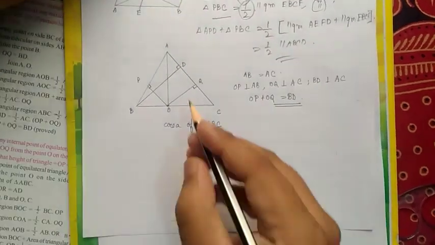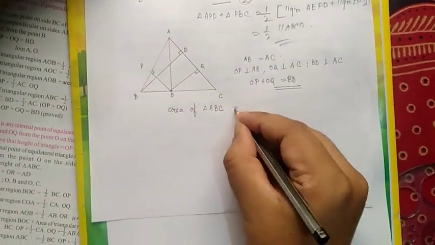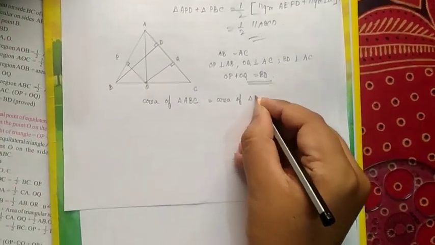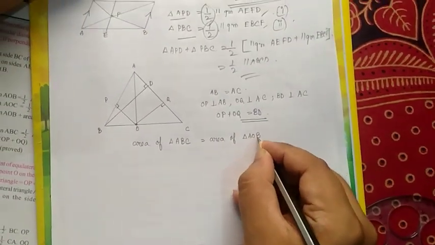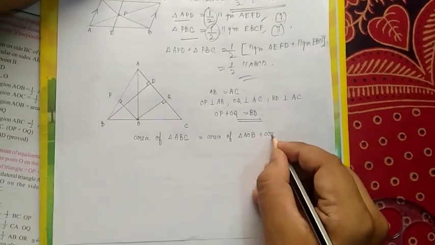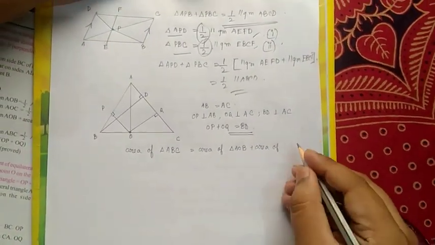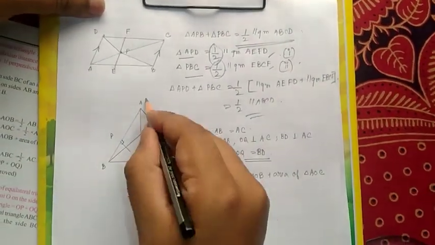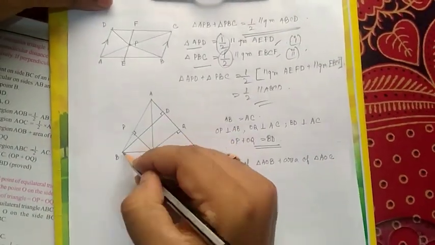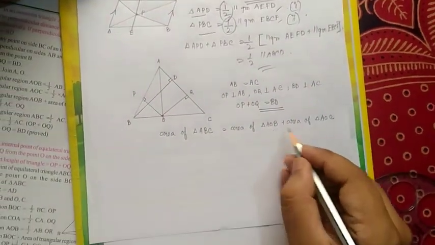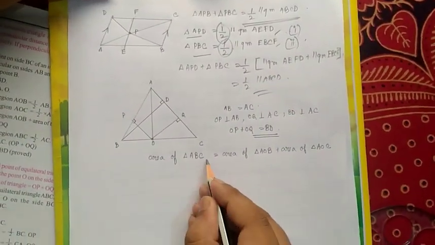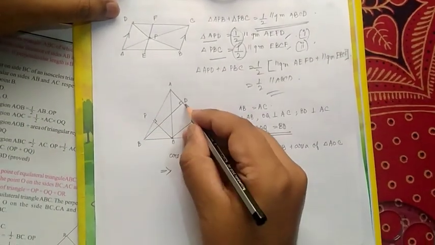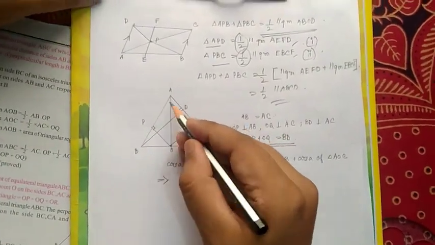Now, area of ABC equals area of triangle AOB plus area of triangle AOC. This is the total triangle ABC: AOB plus AOC. If we add these, we get the area of triangle ABC. Now BD is perpendicular to AC.